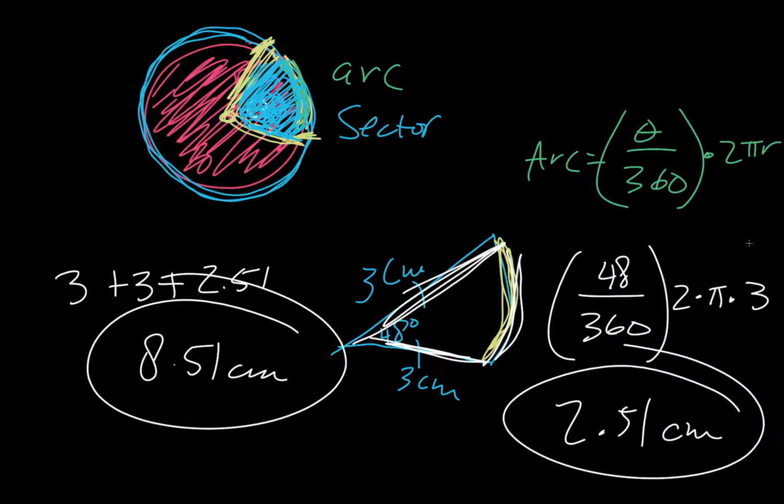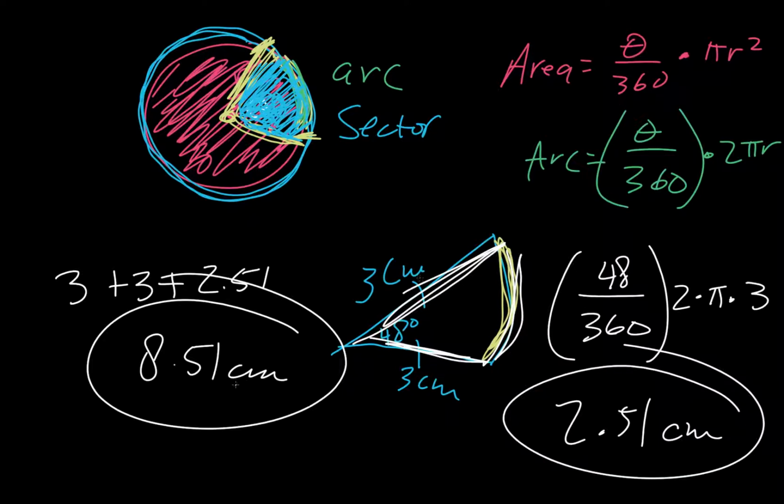Okay, and the final part on this example, the area of the sector. So for the area of the sector, we have this formula. Once again, it's on the previous page if you want to see it in the book. Theta over 360 times pi r squared. So we'll plug it into that.